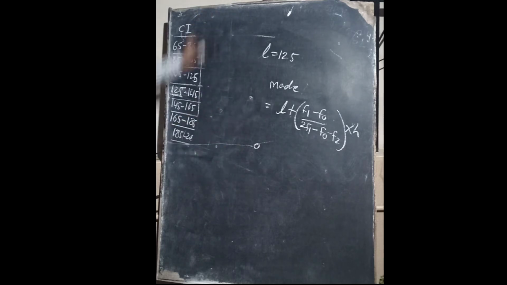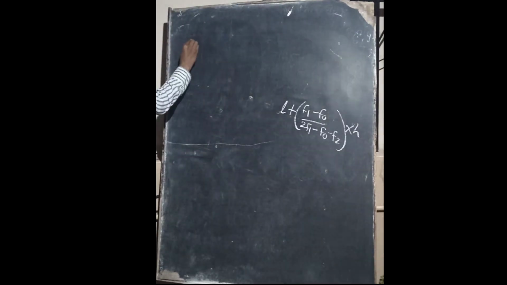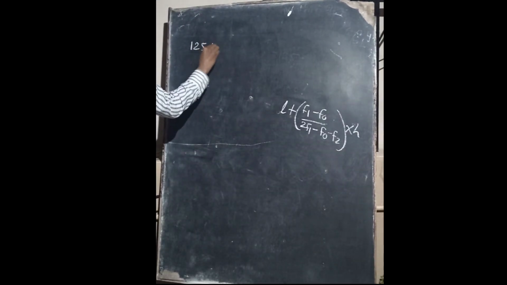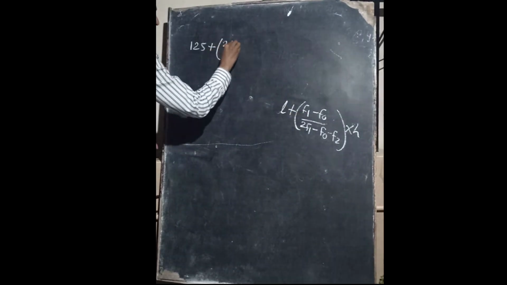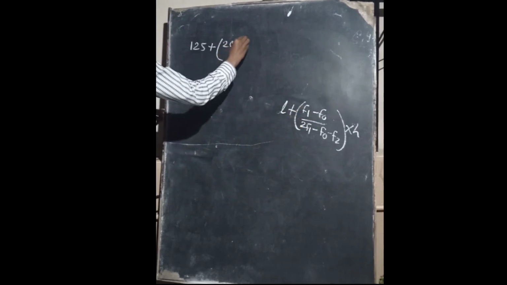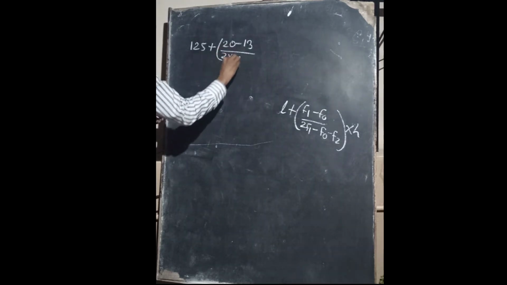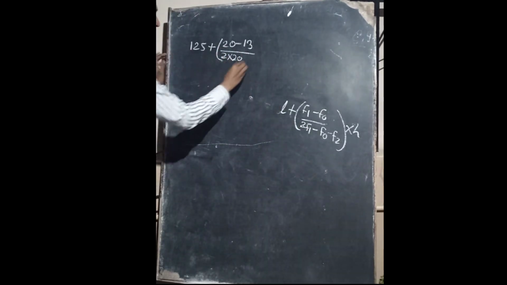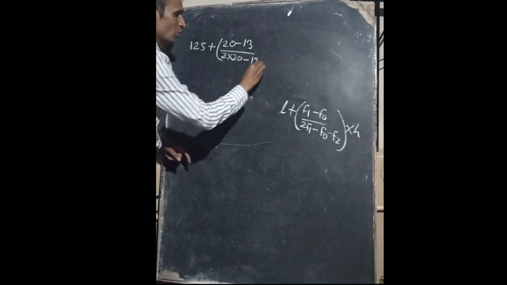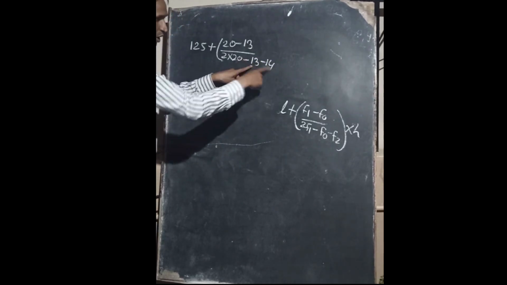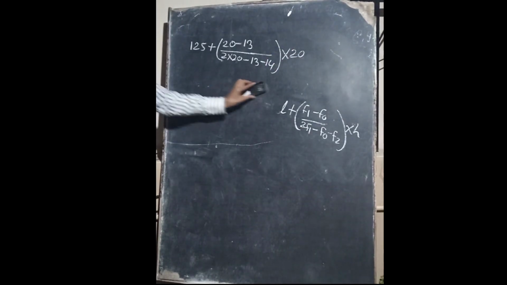L we already know is 125, plus bracket F1 we know 20, minus F0, which is 13, divided by 2 into 20 (that is 2F1), minus F0 13, minus F2, which is 14, so you have to add these two numbers first. Then H is equal to 20.